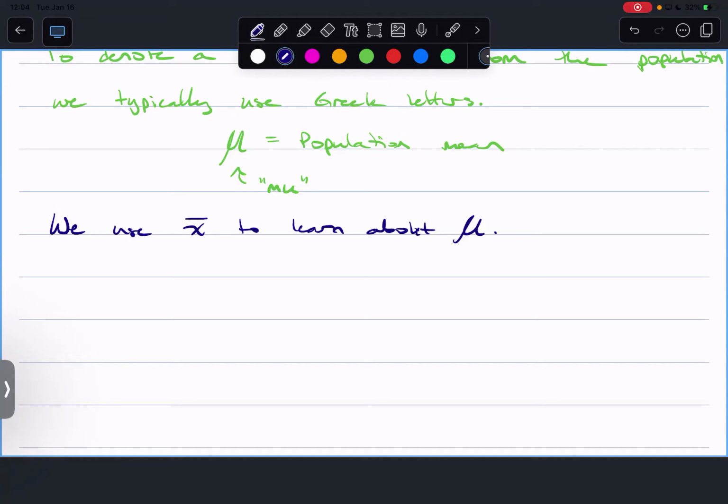In general, we're going to have what we call a statistic, which is a measurement from the sample.